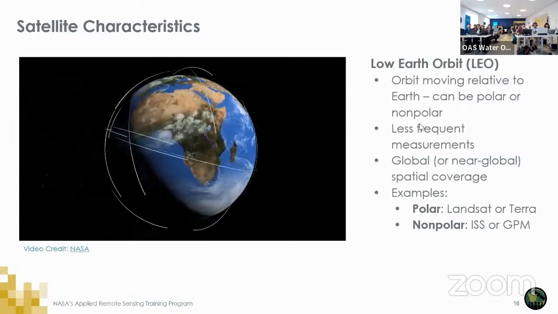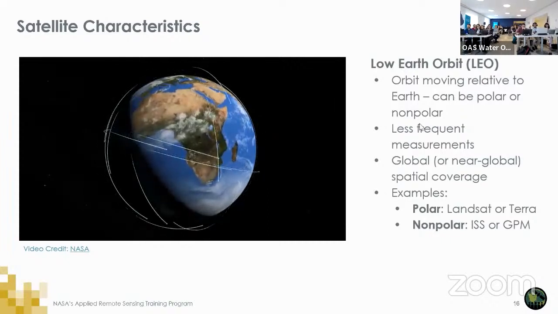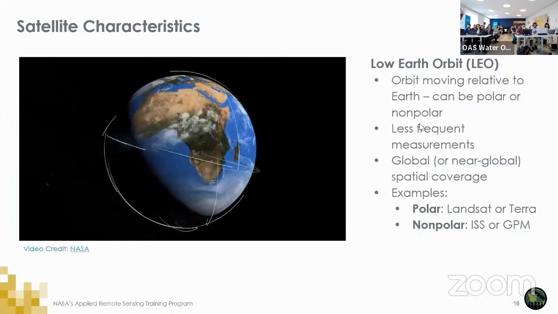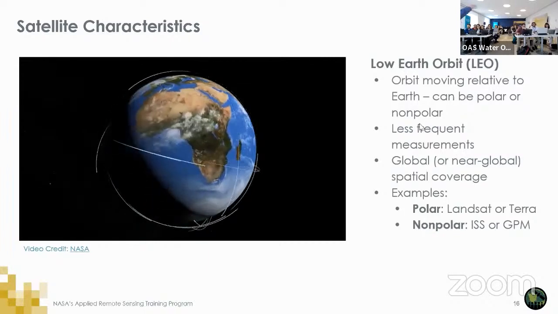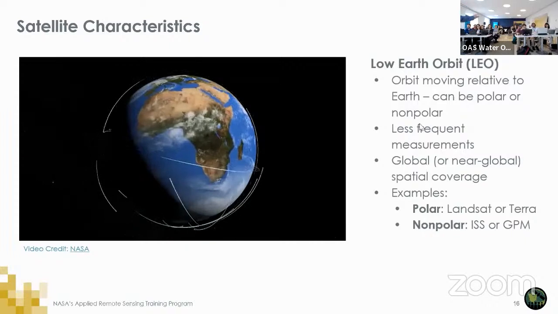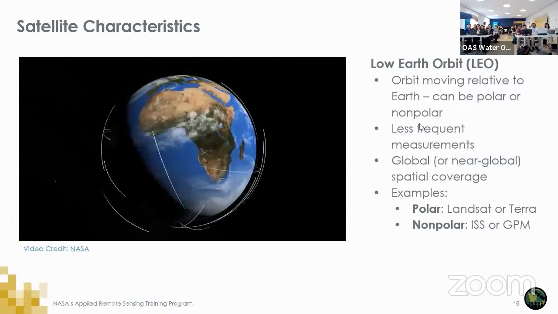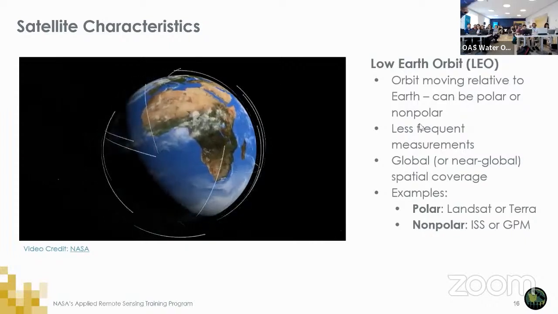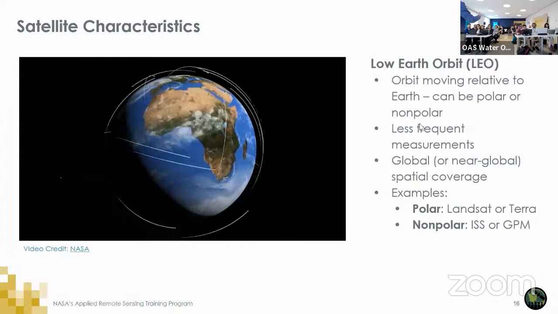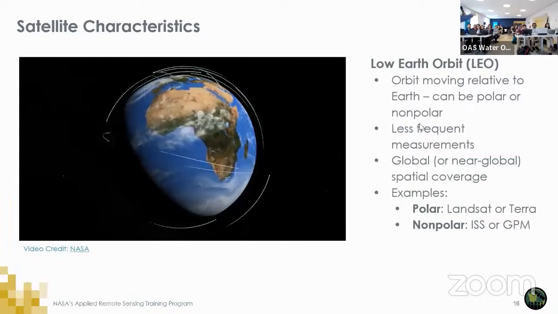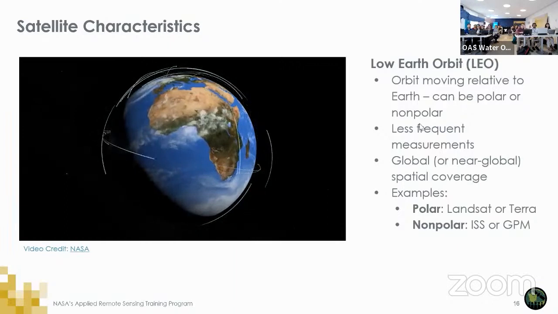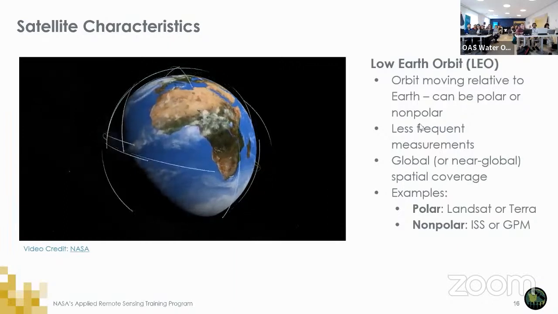These are orbiting relative to the Earth, and they're less frequent measurements. In geostationary orbit, they might be collecting data of the same place every 10 minutes. With this, you might have data collected globally every 1 to 2 days, or again, it might be 2 weeks. It just depends on the orbit.